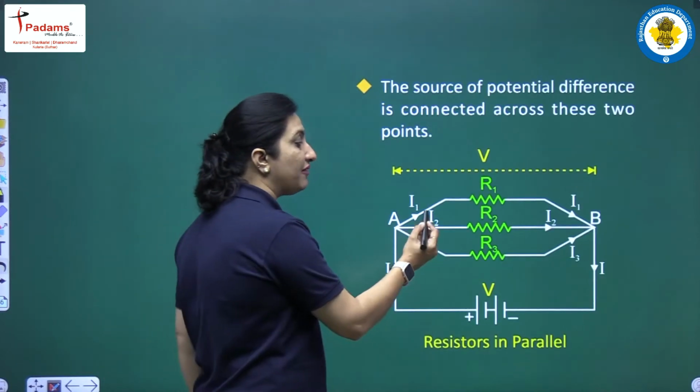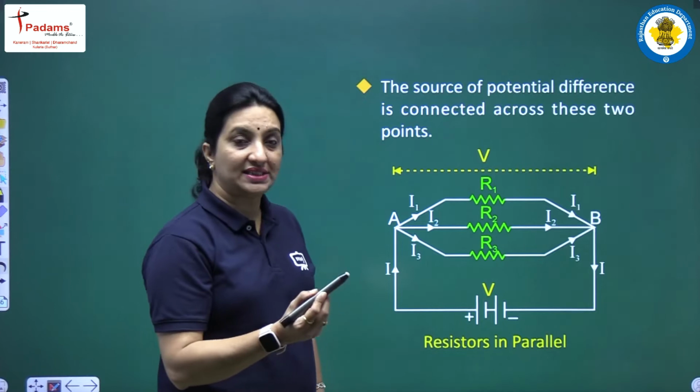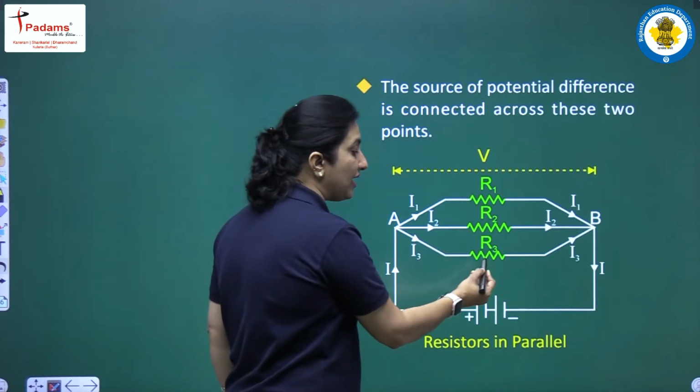Now here we see that, for example, we have taken three resistors R1, R2 and R3.